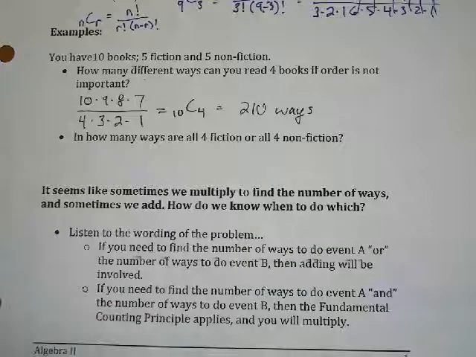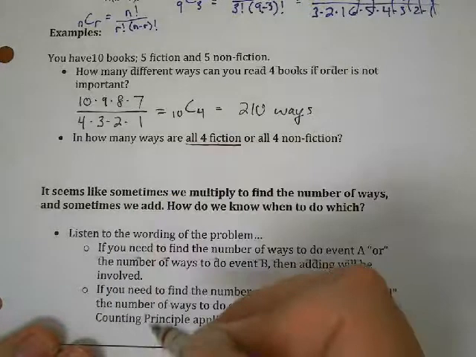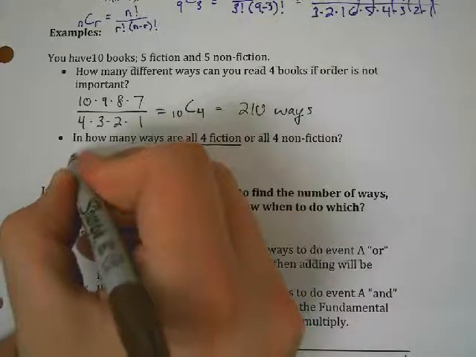All right, looking at the next question regarding the same example, it's asking how many ways are all 4 fiction or all 4 non-fiction. So these are 2 separate problems, so we're going to solve them separately. Let's solve the all 4 fiction one first. Well, there are 5 fiction books, and we're going to read 4 of them.